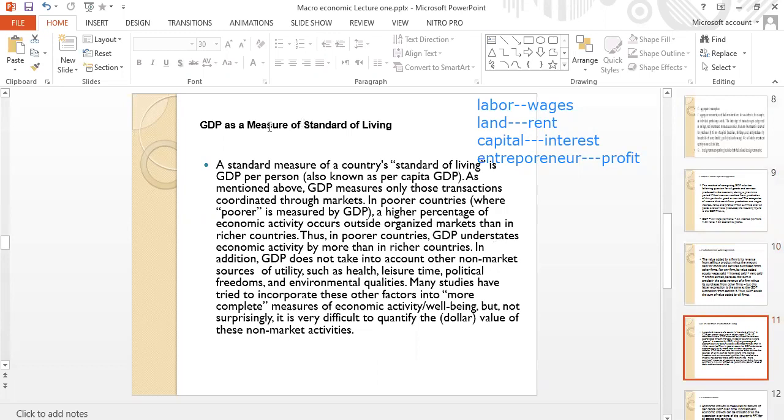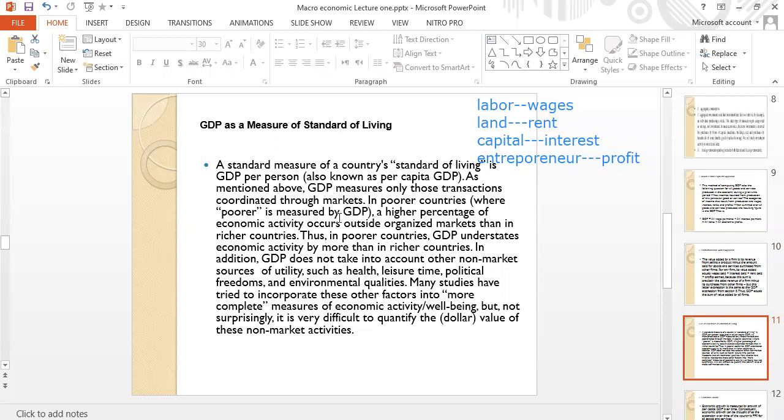We then take GDP as a measure of standard of living. A standard measure of a country's standard of living is GDP per person, or GDP per capita. As mentioned above, GDP measures only those transactions coordinated through markets. In poorer countries, where poorer is measured by GDP, a higher percentage of economic activity occurs outside organized markets than in richer countries.